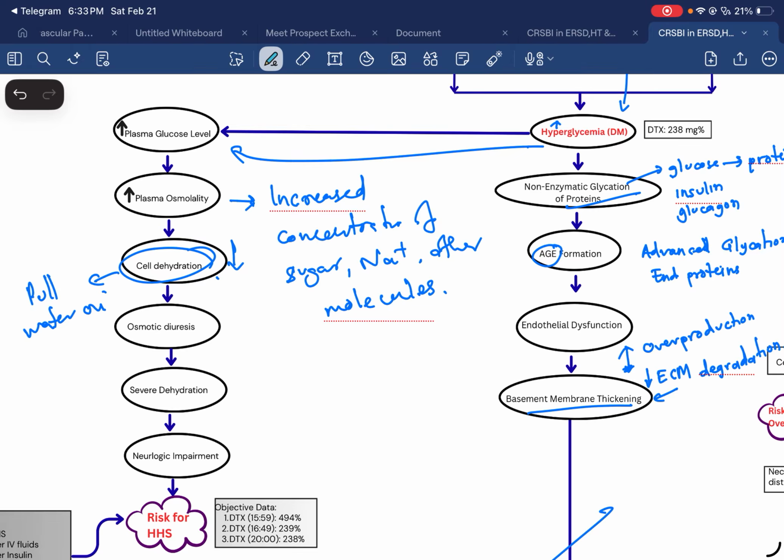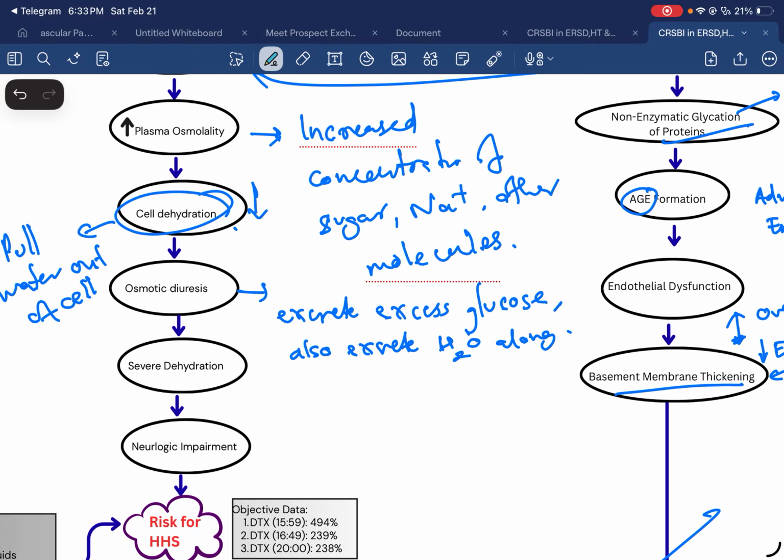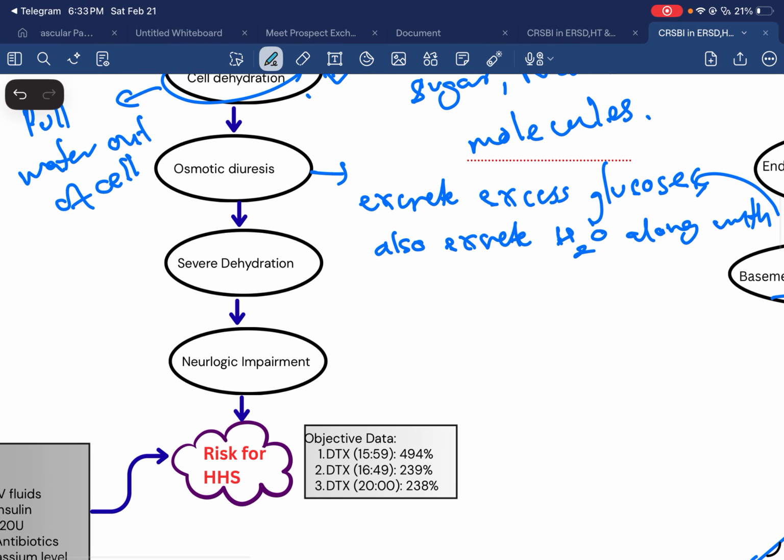because it pulls water out of the cell. And as a compensation method, the kidney tries to excrete the excess sugar or glucose, but in doing so they also excrete water along with glucose, and this leads to severe dehydration, especially in the brain.